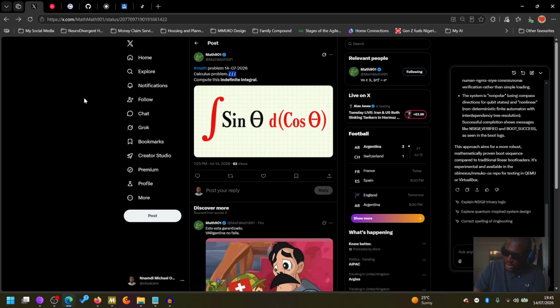Cosine equals adjacent over hypotenuse. So when you integrate sine, you get a cotangent, because sine is y, so the relation between y and x is cotangent. I'm just going to assume the cotangent, but that's giving me a solution.